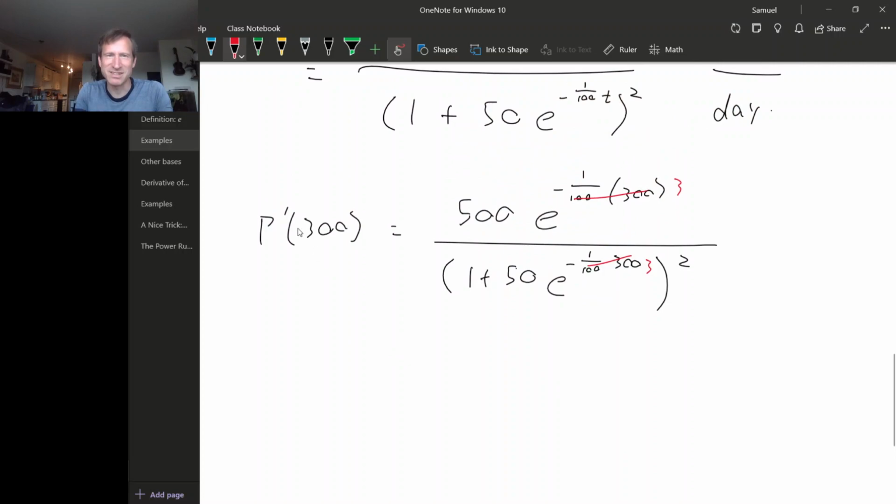And then now it's calculator time for sure. So let's see what this gives us. Should have pulled up my calculator beforehand.